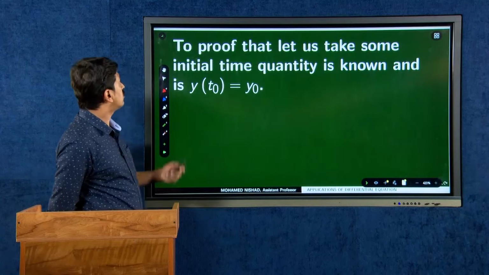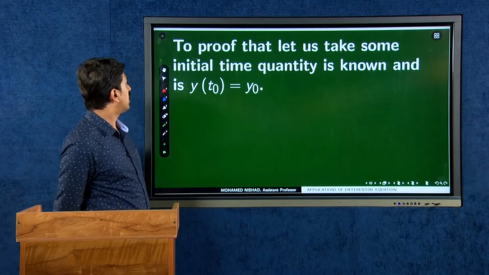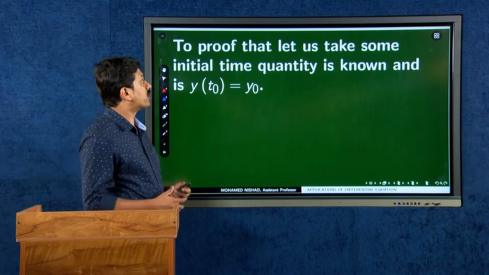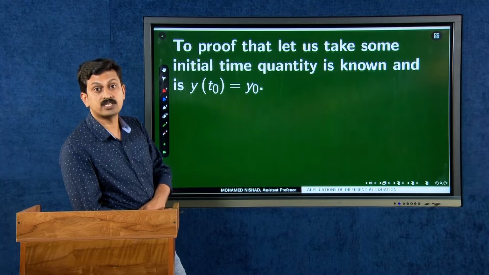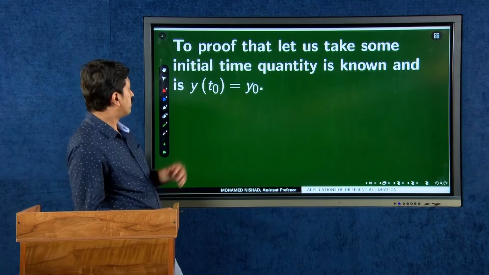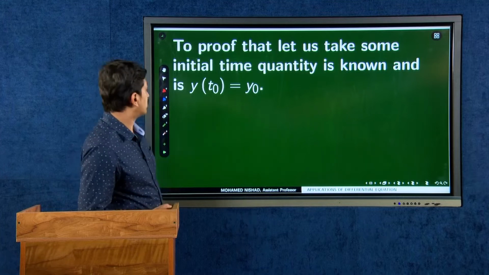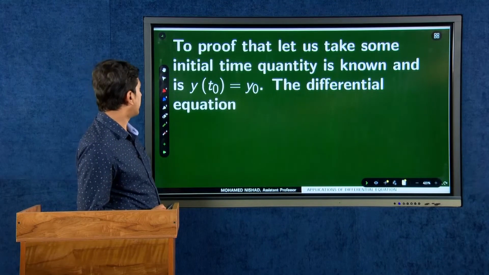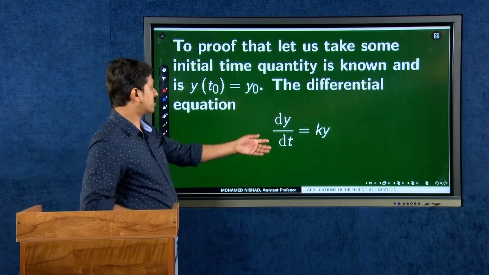To prove that, let us take some initial time at which the quantity is known, y of t naught equal to y naught, as we discussed in the initial value problem. Here t naught is the initial time, and the differential equation is dy by dt is equal to ky.